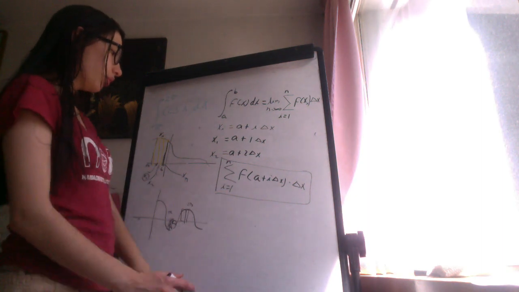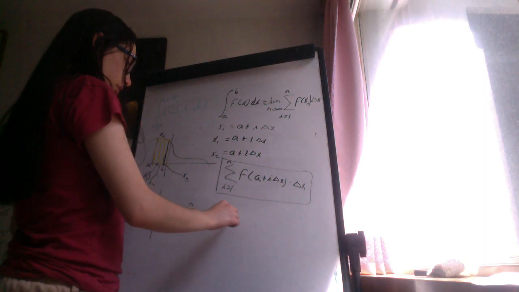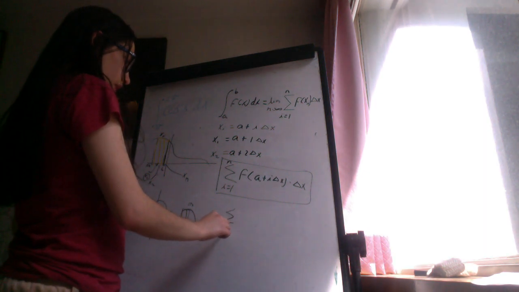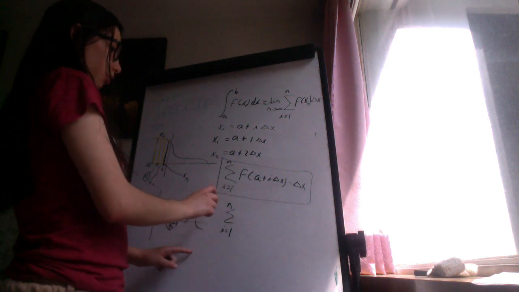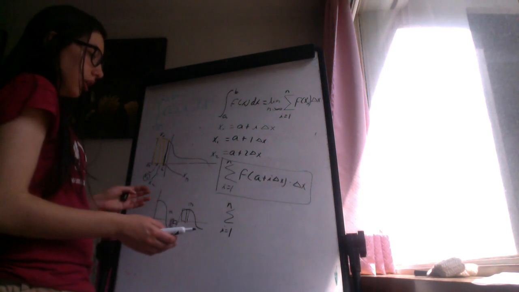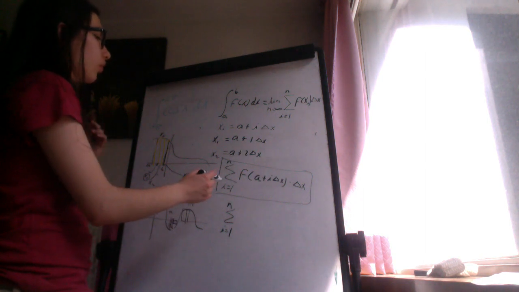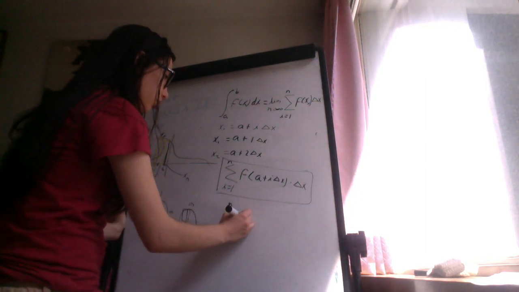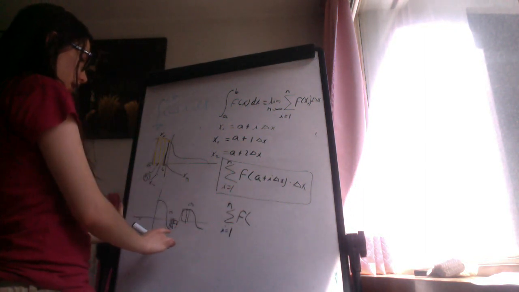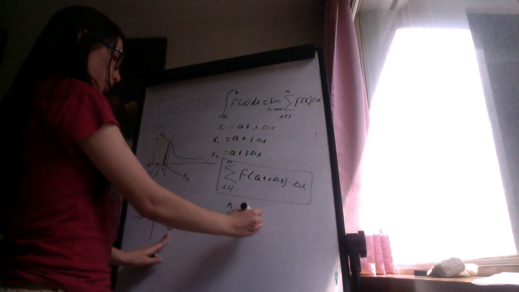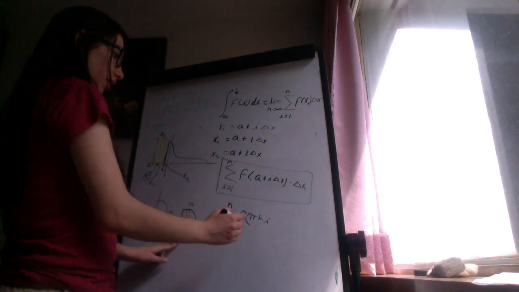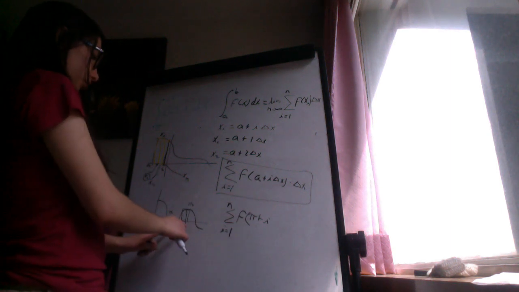We will have the summation from i equals 1 to n, where n will be the number of intervals that we decide to put, of f of, what's a? A is pi, plus i times delta x. What's delta x?